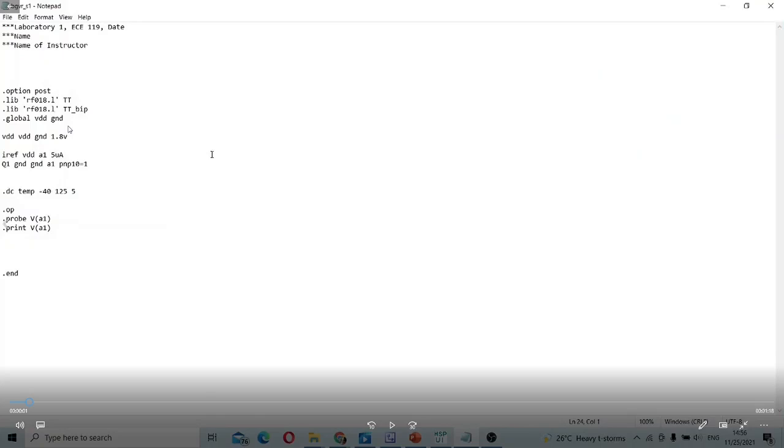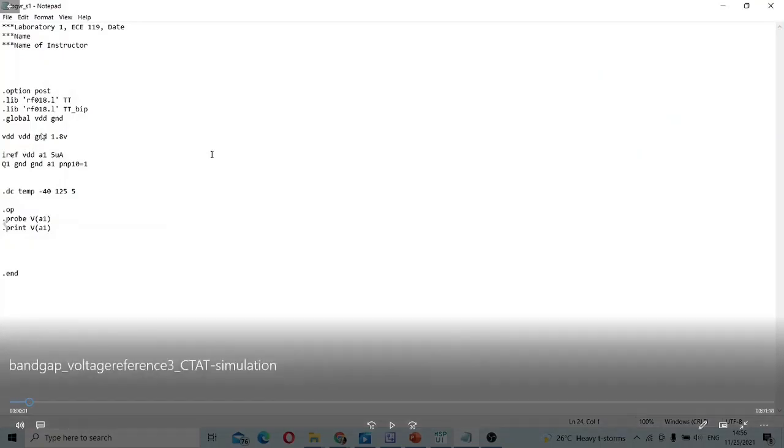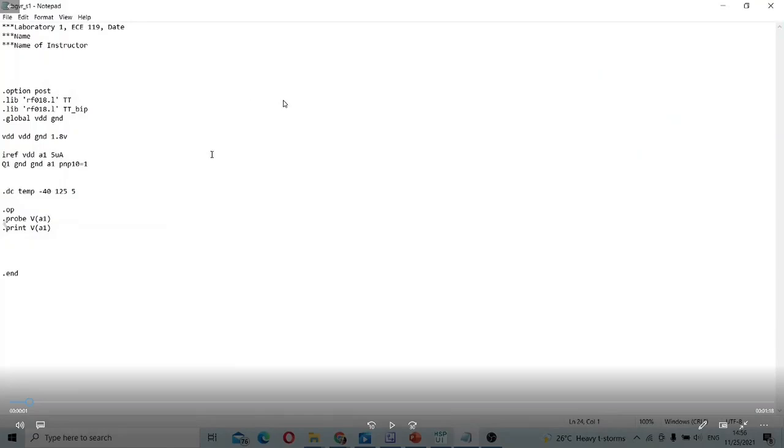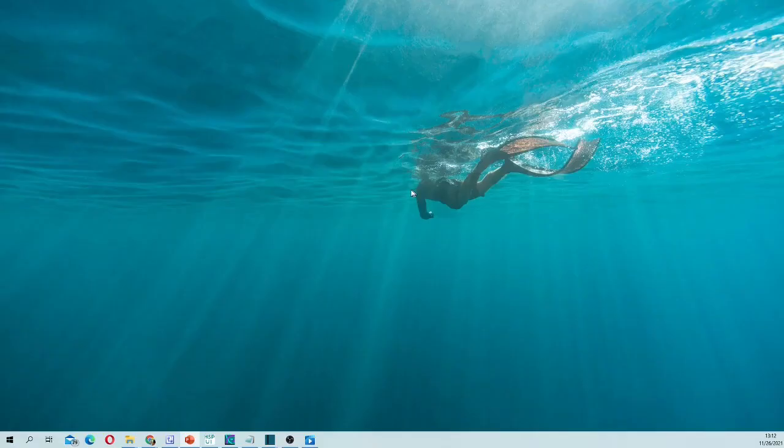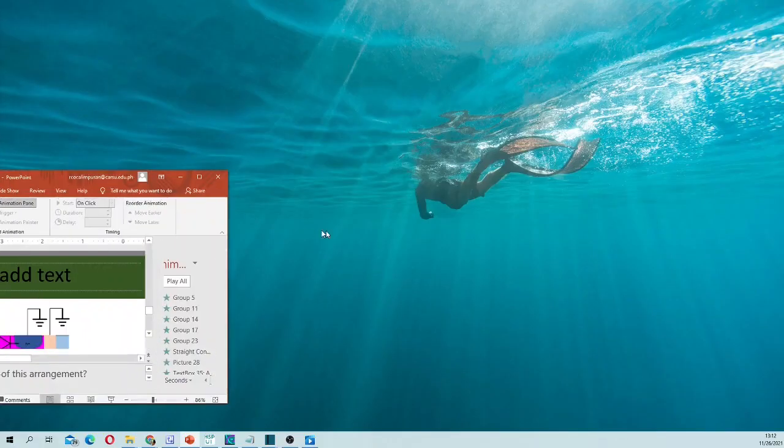And with that, RF, I declare it to VDD and A1. A1 is the connection from the RF to our BJT.